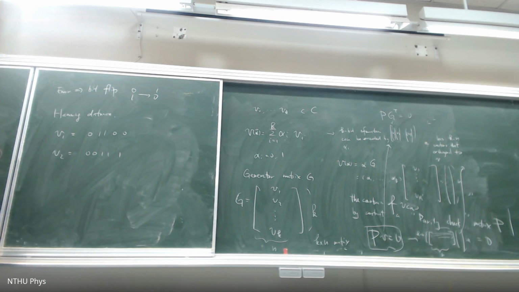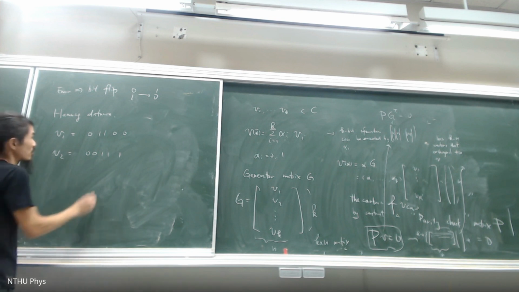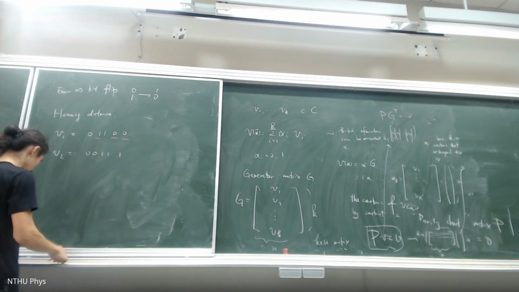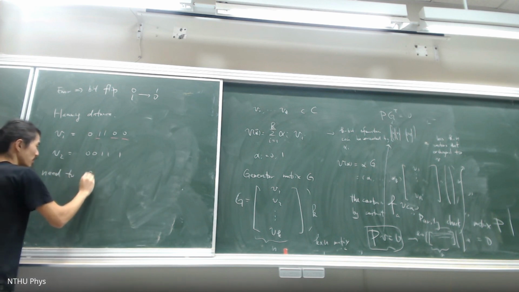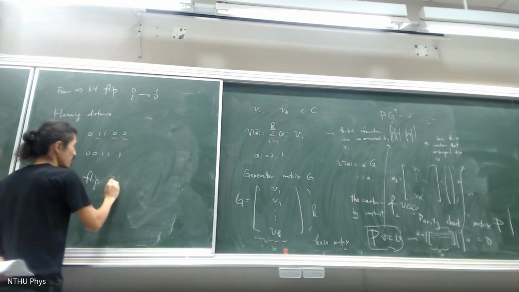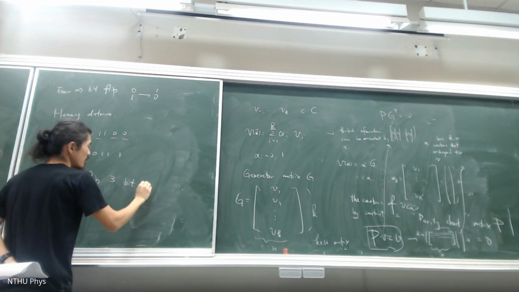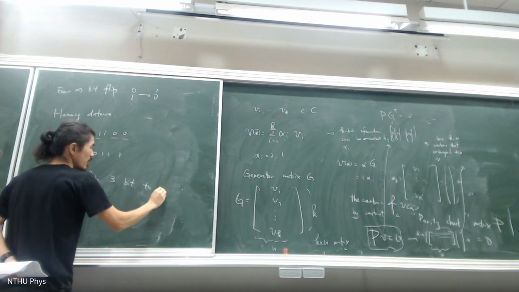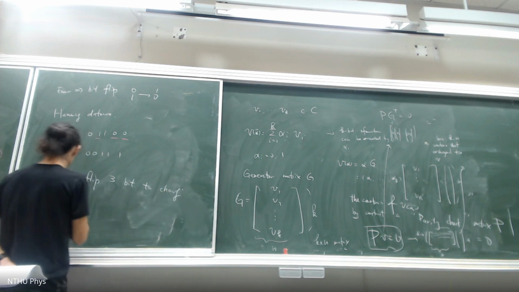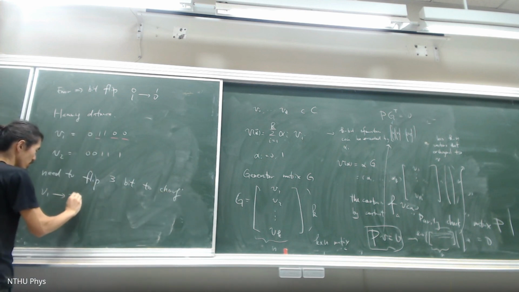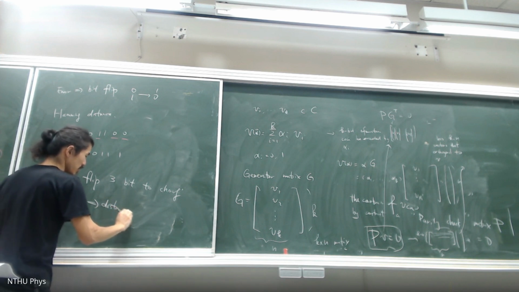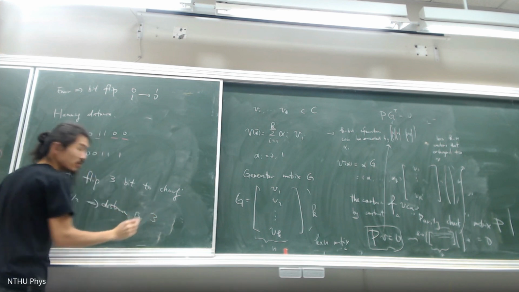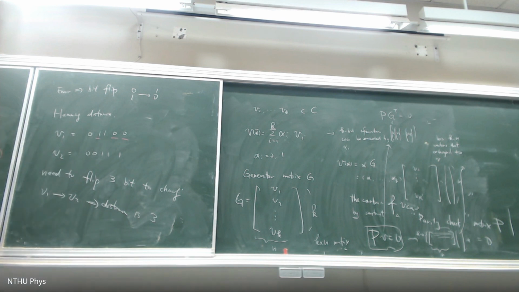That defines the distance. So I need to flip 3 bits to change V1 to V2. The distance is 3. So this is the definition of this distance.